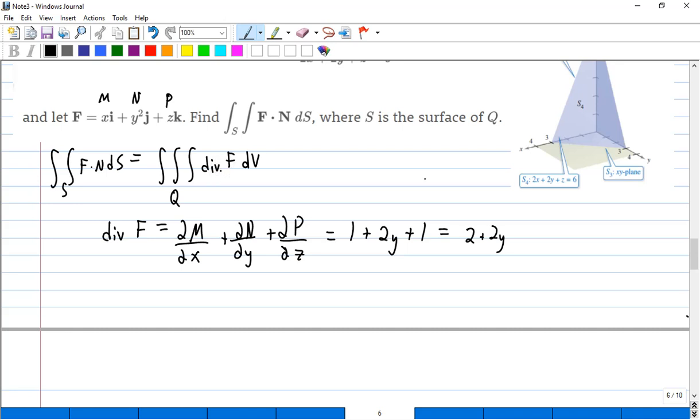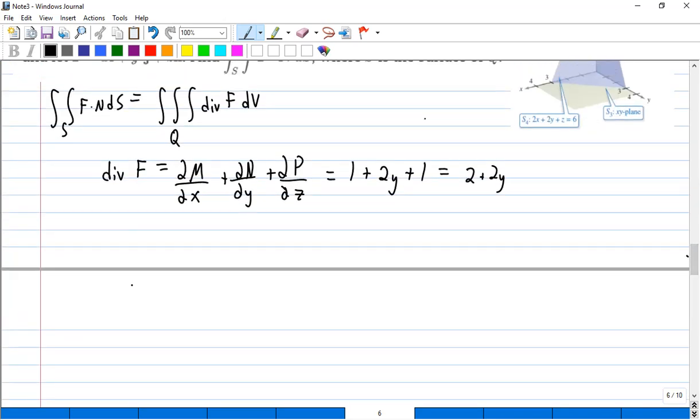So that's what goes there in our triple integral. So we have 2 plus 2y. And now we need to do the dV.